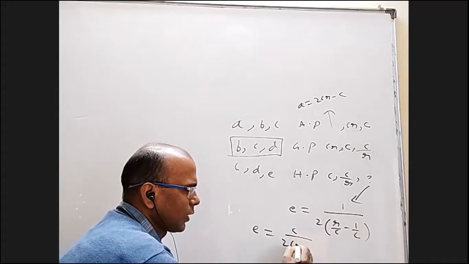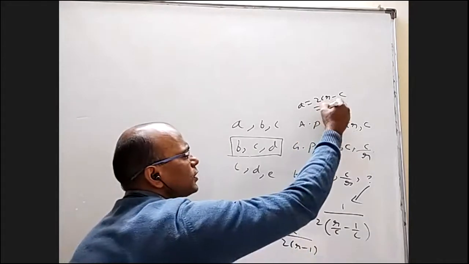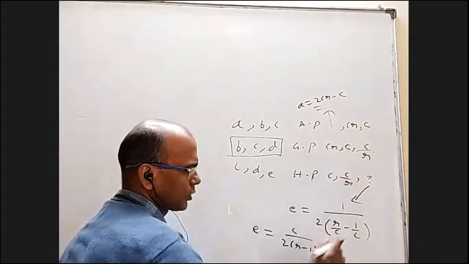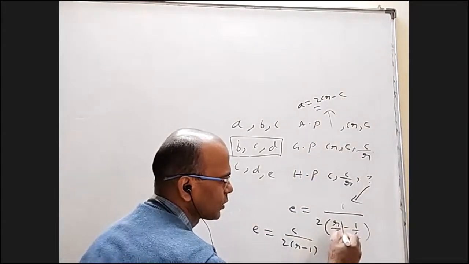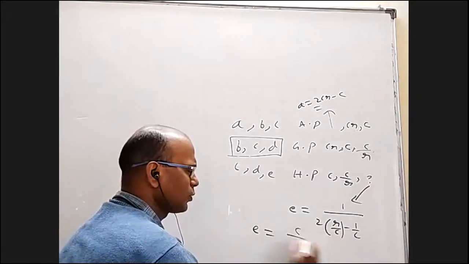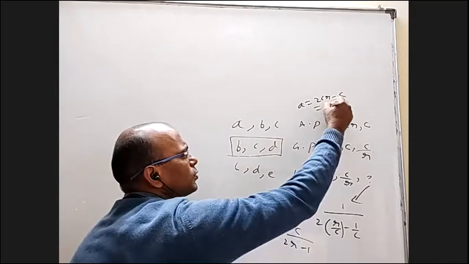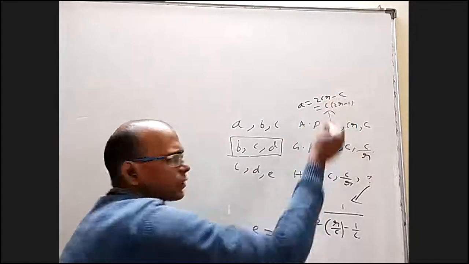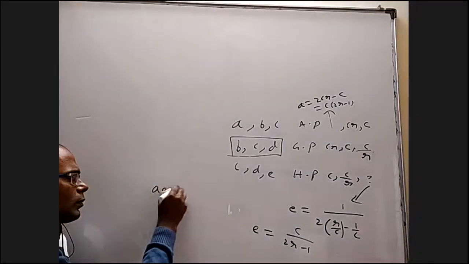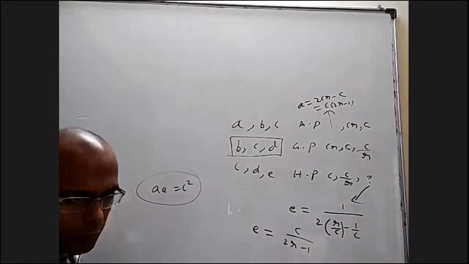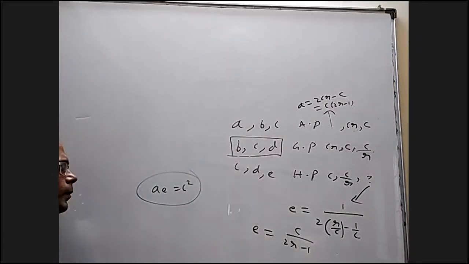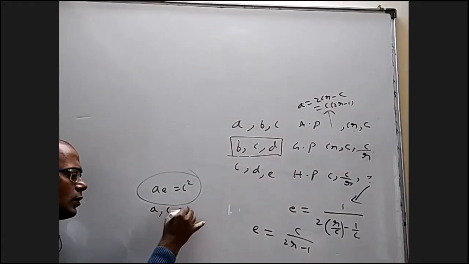C by 2R minus 1, and this is C into 2R minus 1. Is it not very easy to see that the product of these two is C square? Yes, sir. Done. A, C, E are in GP.